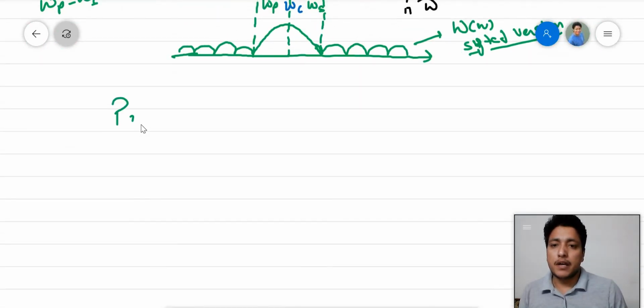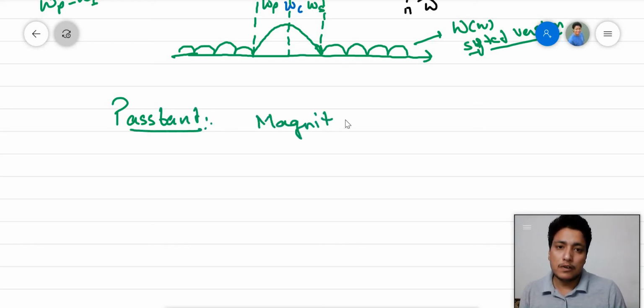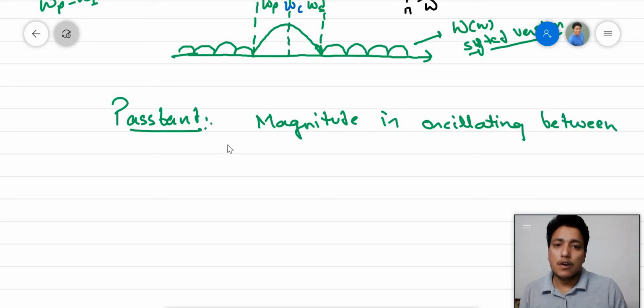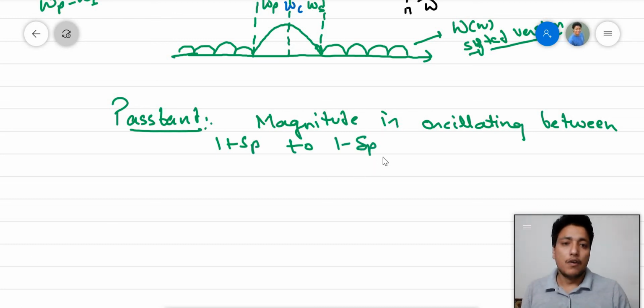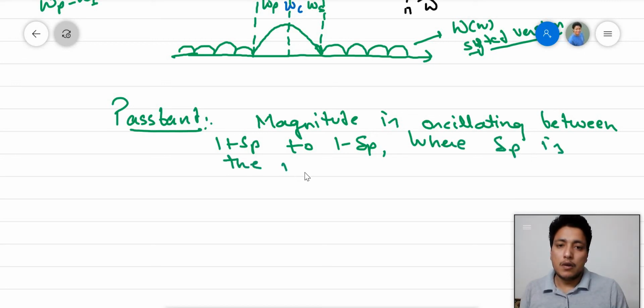First, for the pass band, the magnitude is oscillating between 1 plus delta p and 1 minus delta p, where delta p is the maximum deviation.